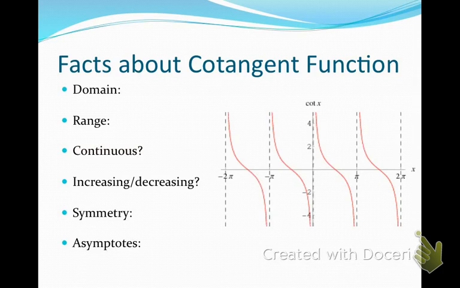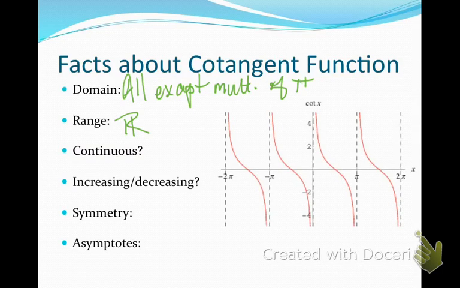So some quick facts. The domain is, like tangent, similar. We have some domain restrictions here. The domain will be all real numbers except multiples of pi. Pi, 2 pi, 3 pi, -5 pi, etc. The range is all real values.